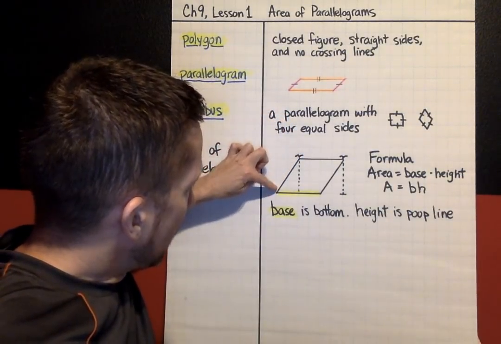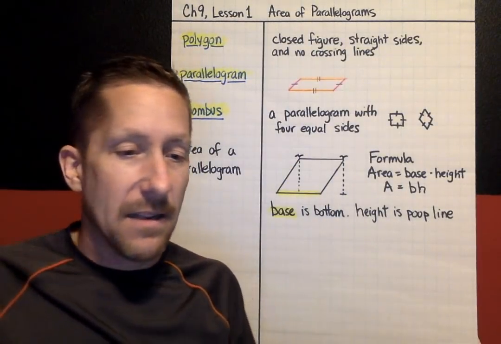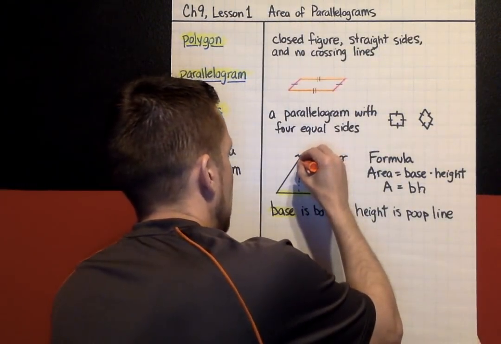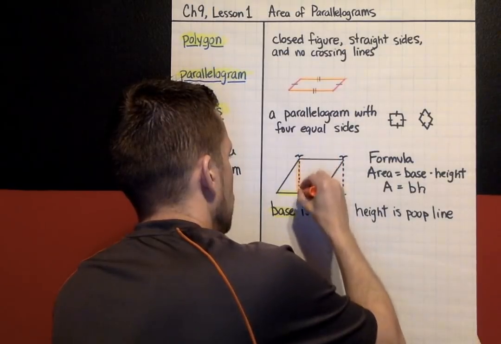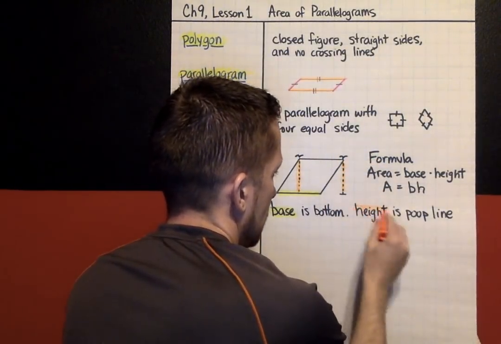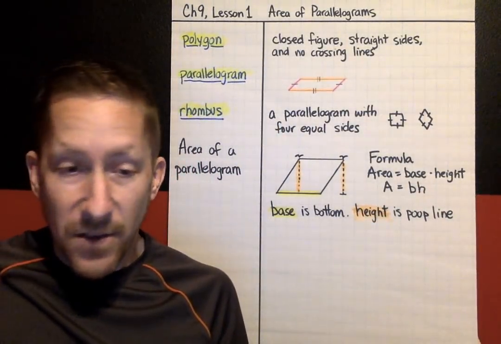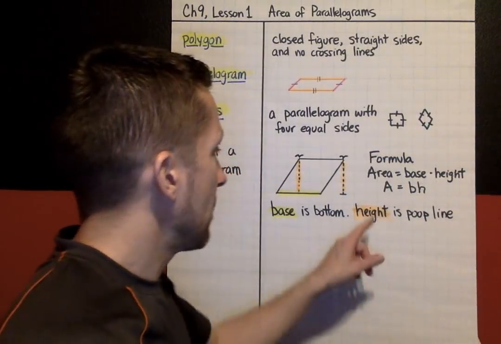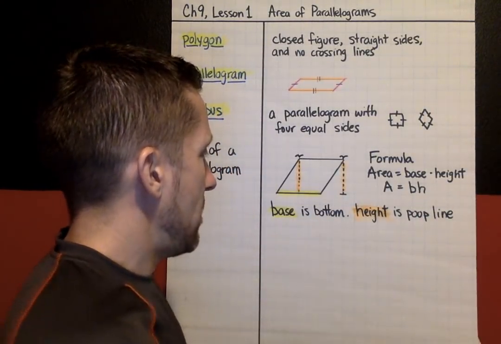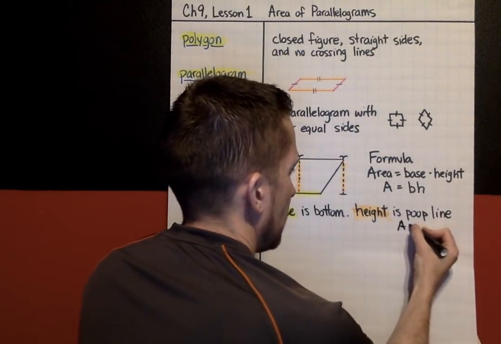It's not going to fall like this. It's going to go straight down. So that is how you find the height. So I'm going to highlight. Those are examples of heights. And for this parallelogram, let's write that over here. The area equals base times height.